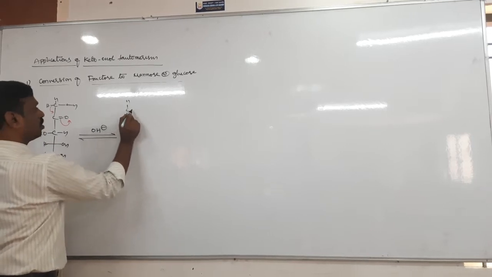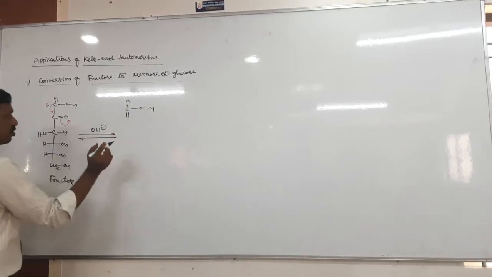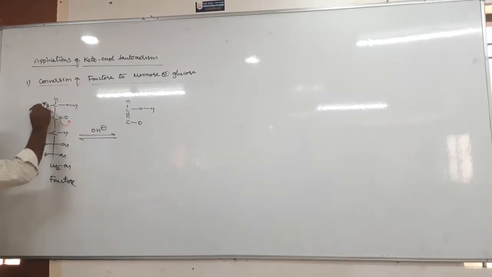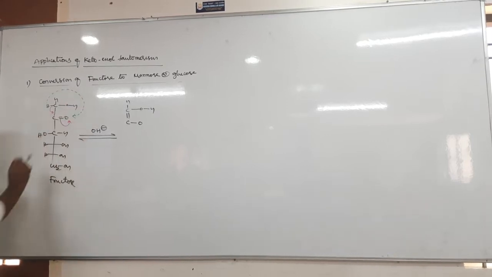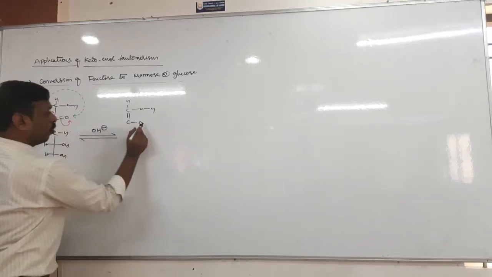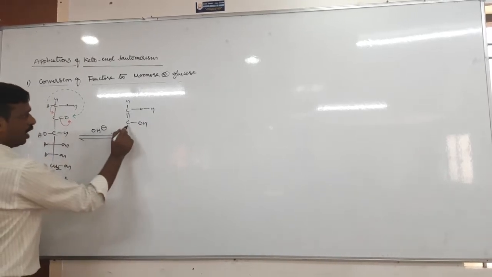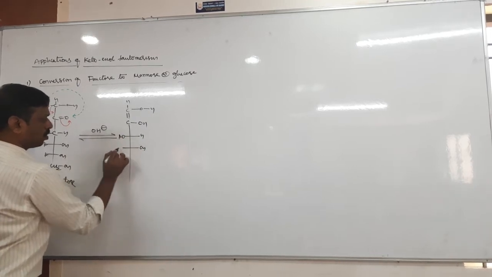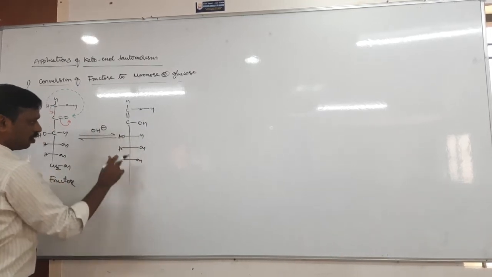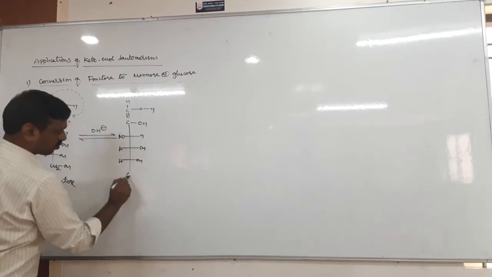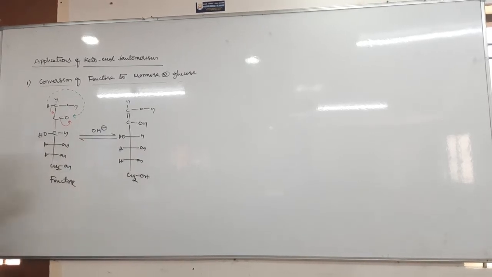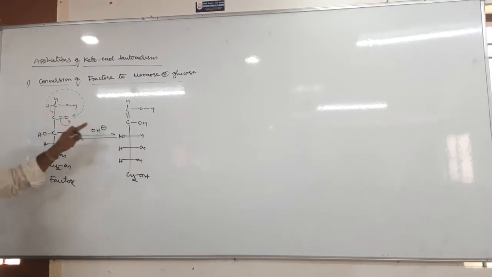It becomes a double bond, O becomes OH, C becomes C double bond, and this hydrogen is shifted onto oxygen. O becomes OH, and the remaining groups are the same. It is an enol. That was the keto form. This is the enol form.